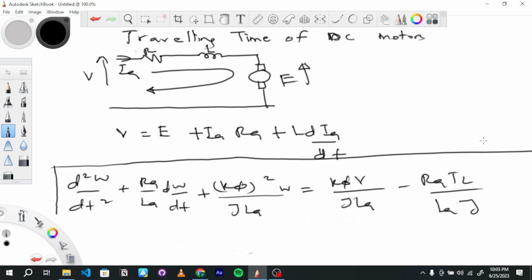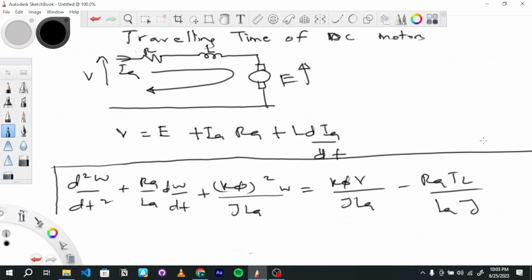That if the inductance is not neglected, then the equation describing the dynamics of the speed is given by this. Let's see how this is used.